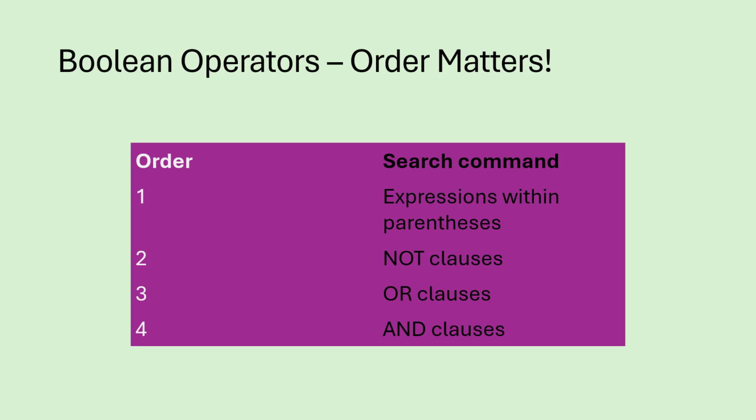Second, NOT clauses. So these are clauses that exclude. Third, OR clauses. So these are clauses that give you an option. You can have these or these, and the results will show either or. And then you have AND clauses, where you are looking for events that contain both the terms that are specified before and after the AND clause.